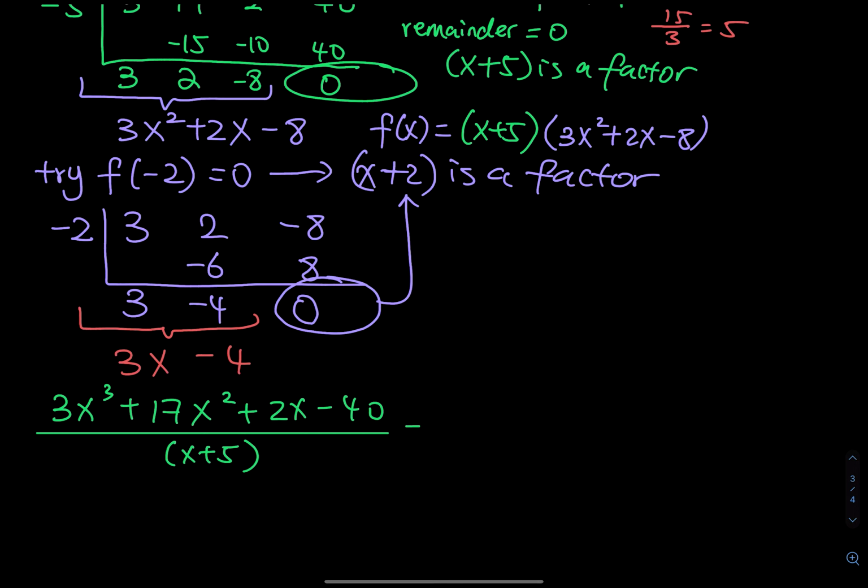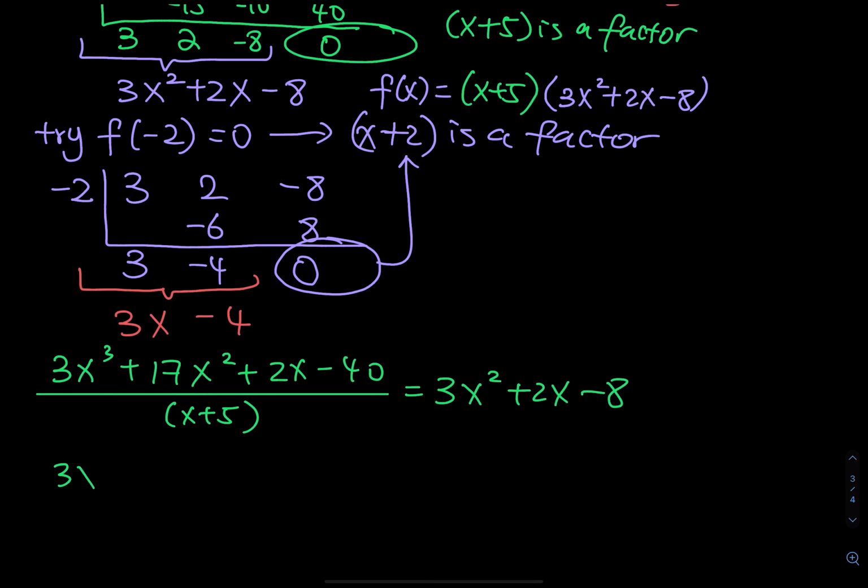And then we obtain 3x squared plus 2x minus 8. That is in purple right over here. That is what we got from the first synthetic division. And then you take this 3x squared plus 2x minus 8, and you divide by x plus 2. This is equal to 3x minus 4.